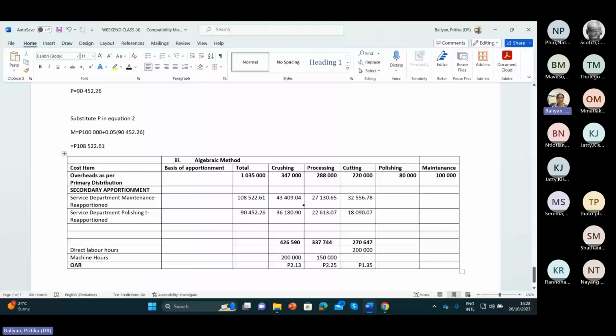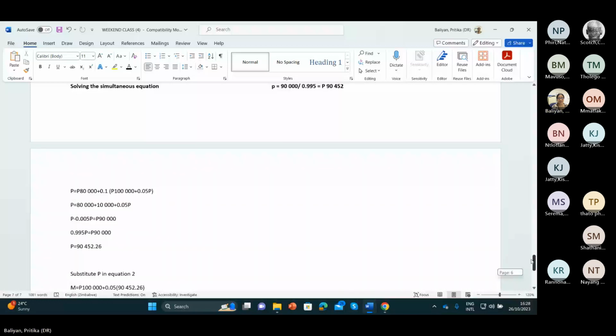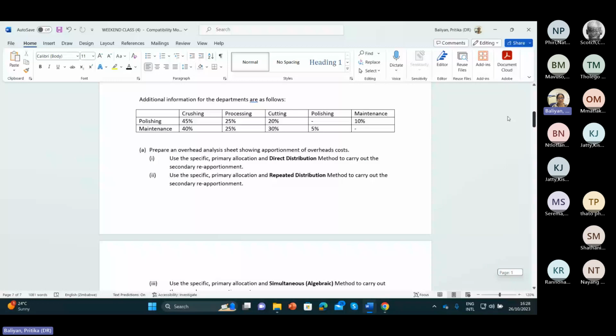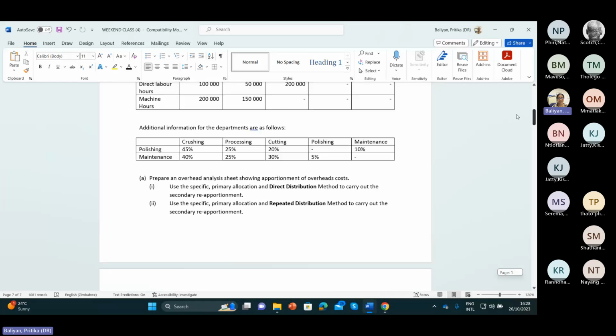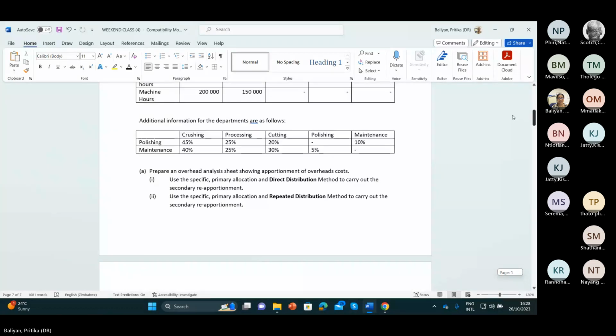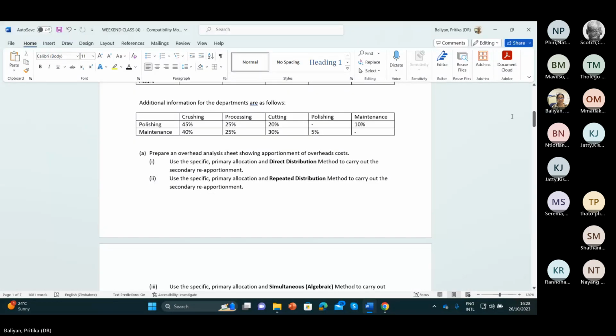So what is the percentage for the crushing department? How much percentage of service did the maintenance department render for the crushing department? Can you see it here? Have you seen the percentage?